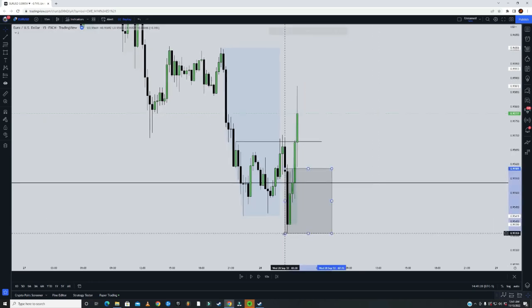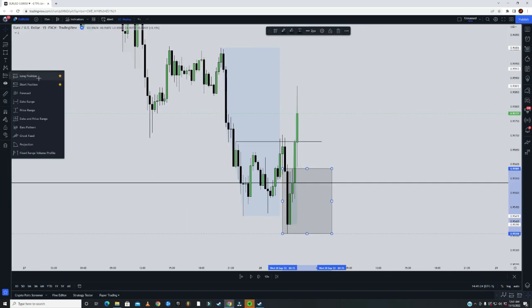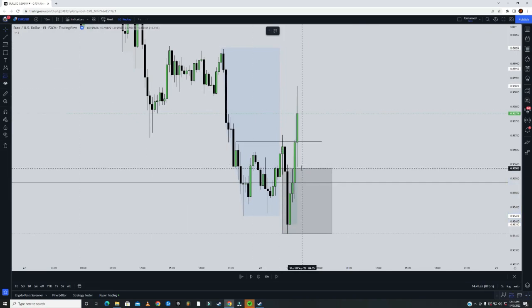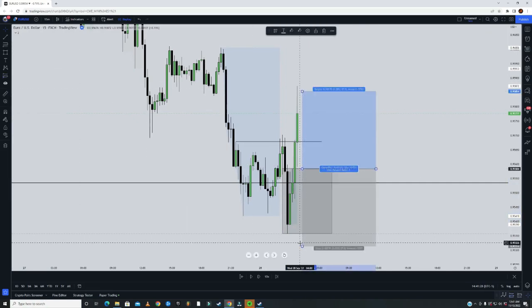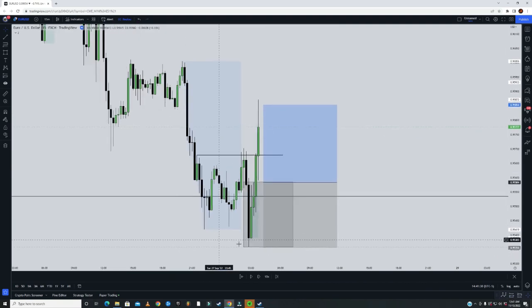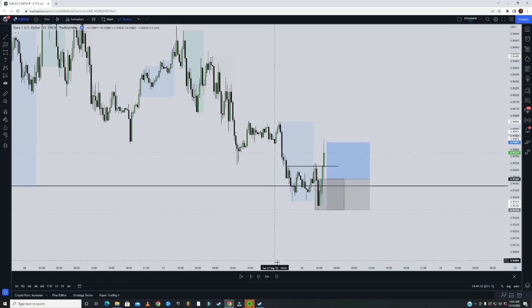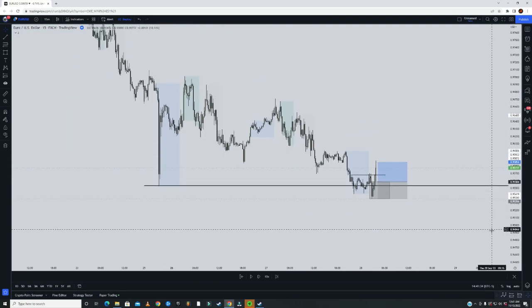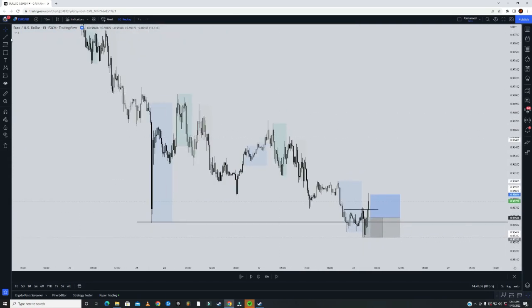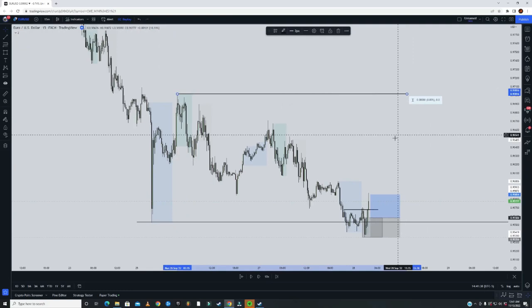So I want to be safe, okay? So I put my stop loss at the low. And I take my entry here, put my stop loss right below this level, and my take profit level would be the high of the B leg, right?